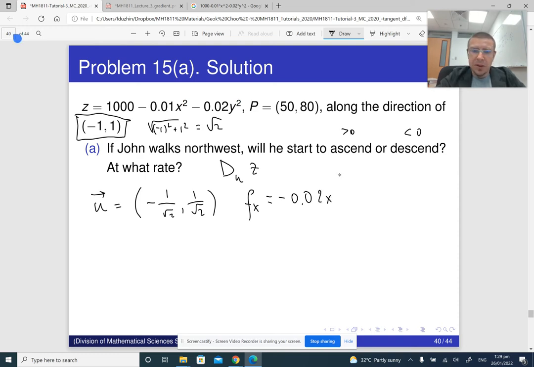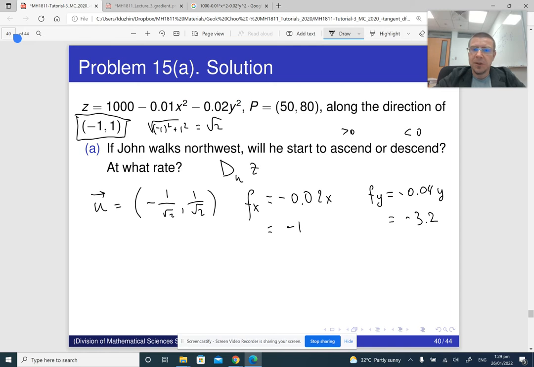At the given point, x is 50, so it's just minus 1. The partial derivative of f with respect to y is minus 0.04y. At the given point, it is this number times 80, so it is minus 3.2.